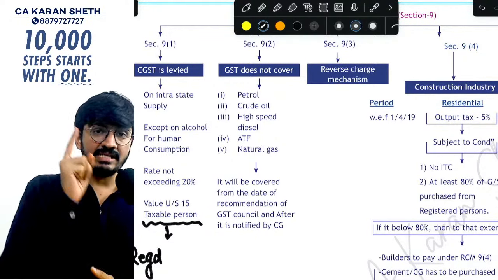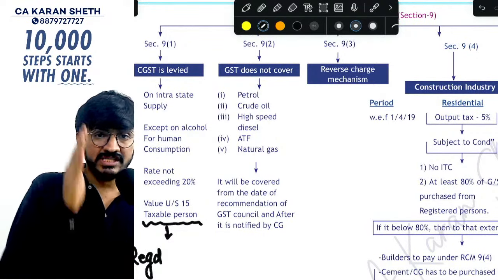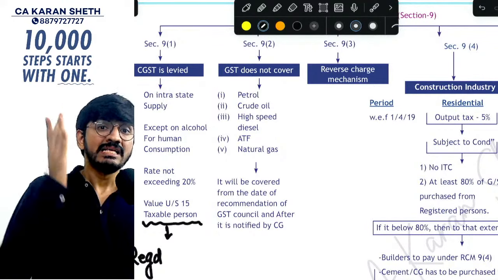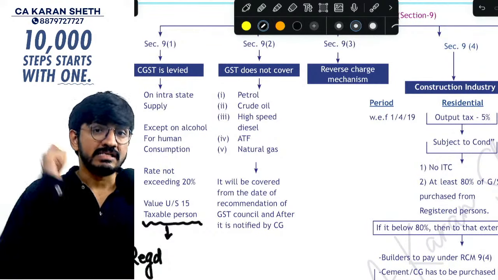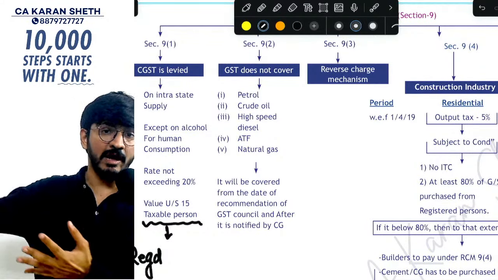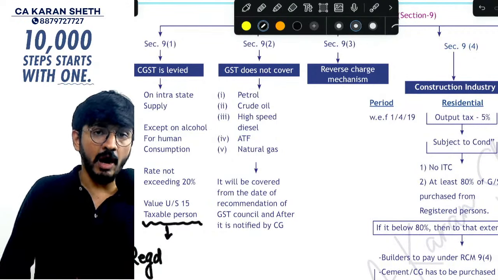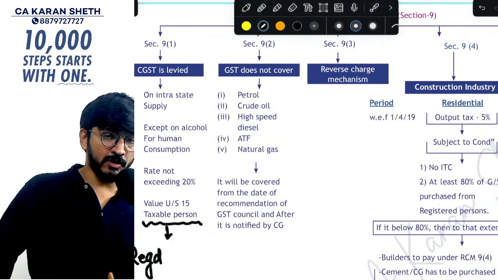Second is 9(2), my dear friends. There are 5 petroleum products which are outside the purview of GST, and only after the recommendation of the GST Council will the Central Government notify them, and only then will they become part of the CGST Act. Right now the GST Council has refrained from any such recommendation, which is why these 5 petroleum products are not subject to GST. Which are the 5 petroleum products?